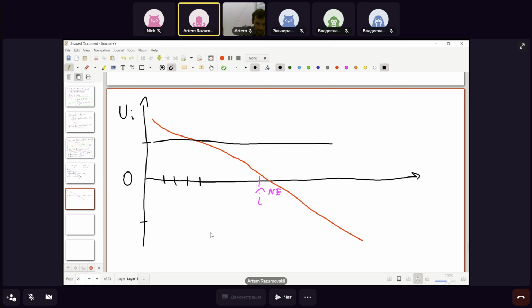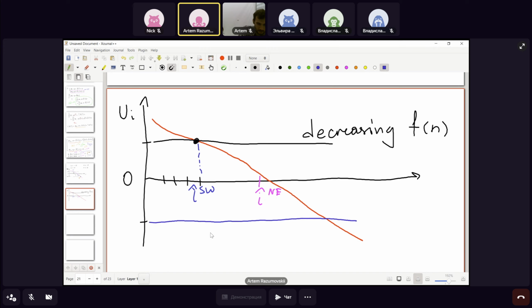If the function is decreasing, I need to compare with something positive. Then the comparison point is here, and the corresponding social welfare is here. If f is increasing, I need to compare with something negative.